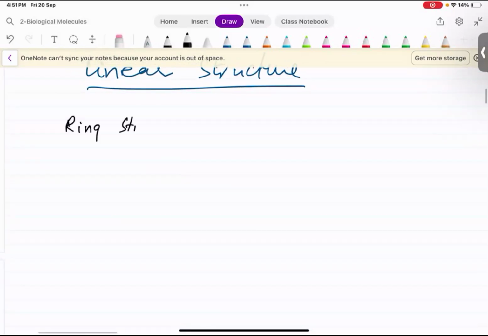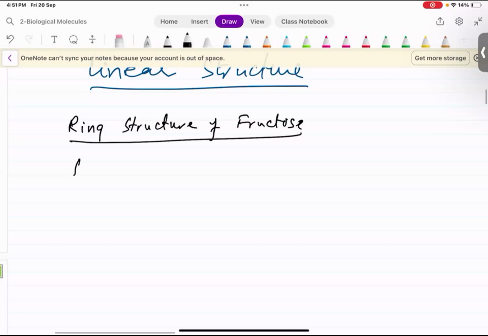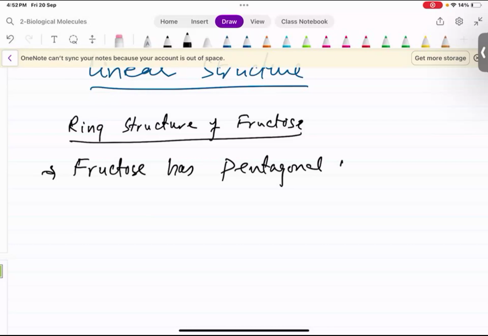Okay. Now let's see the ring structure of fructose. Fructose has a pentagonal structure. Fructose has a pentagonal ring. What does it mean, pentagonal?